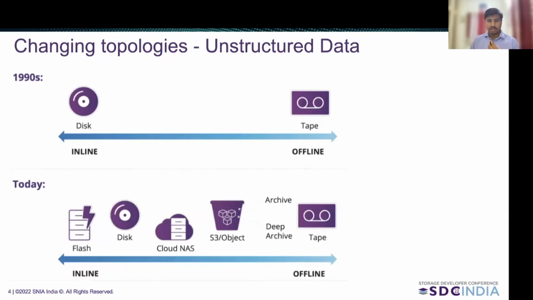And anything non-hot would typically go to tape. But today the ecosystem has evolved significantly, and hot data is no longer just confined to disk. It's there in flash, it's there as disk, it's there on-prem NAS, it's there as cloud NAS, and to some extent even S3 objects are being leveraged both for hot or inline as well as offline data. With this kind of categorization, you can imagine the customer's pain in handling unstructured data for their optimal use case.